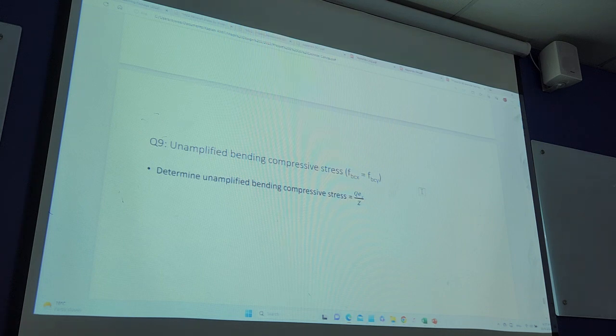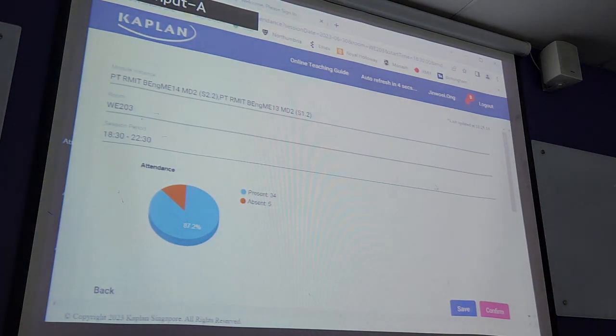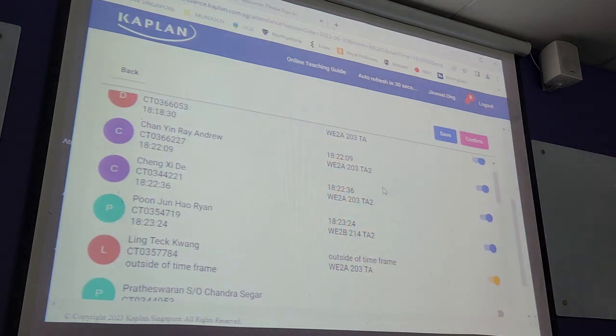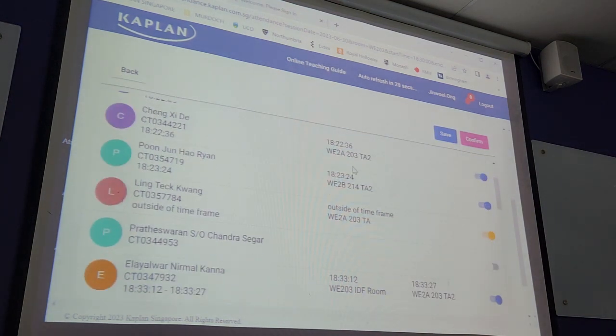When you do the exercise, let me flip the attendance just to confirm. So now we have 5 absent. Just to double check: Pradiswaran, Mr. Pradiswaran, no?